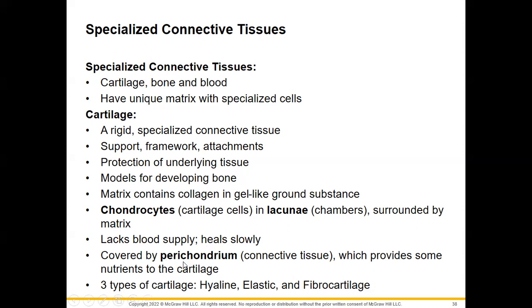So this is a tissue that's going to be surrounding the cartilage, on the outside, and what it's going to do is provide that cartilage with nutrients. All right. So it's going to be a membranous sheet surrounding cartilage that's going to help give it nutrients.